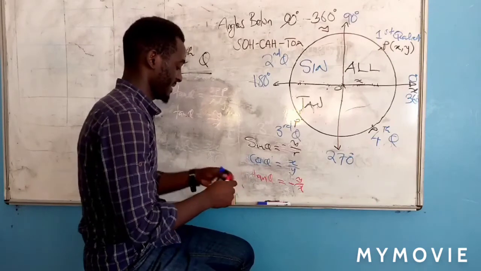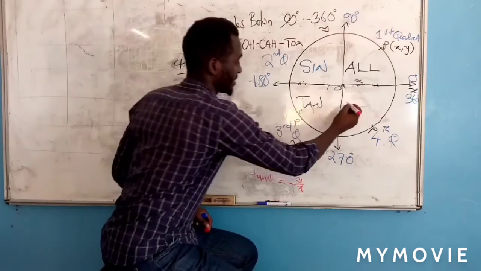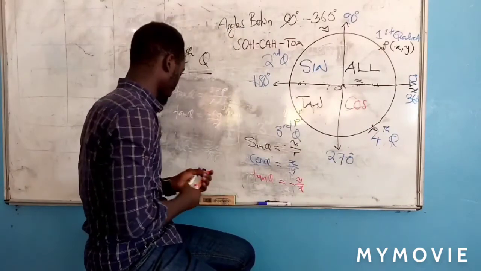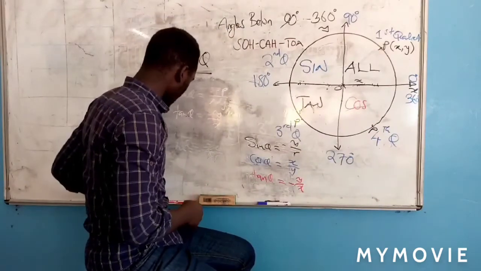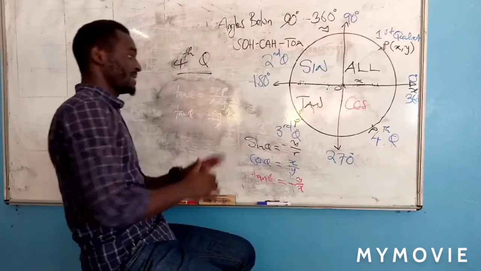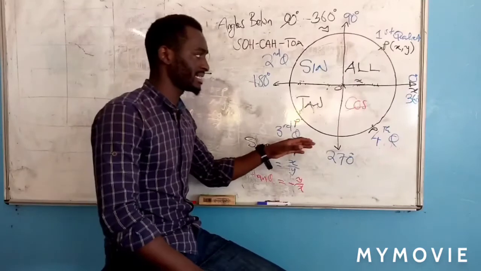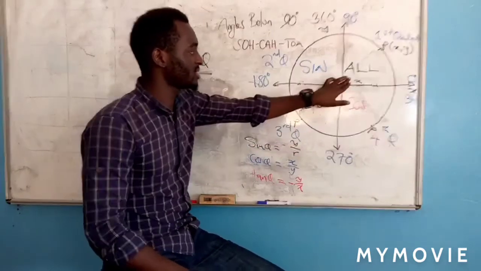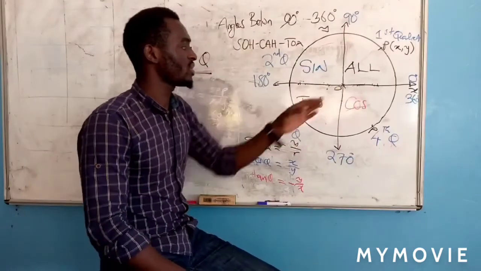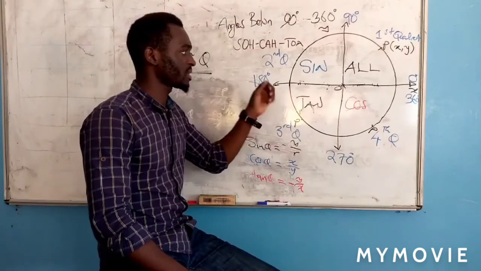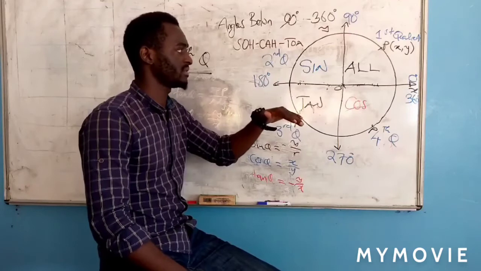So here it's the cos that is working out positive. Now what this means in conclusion is that in the first quadrant, if you apply the SOHCAHTOA, all the three trigonometric ratios will always turn out positive.